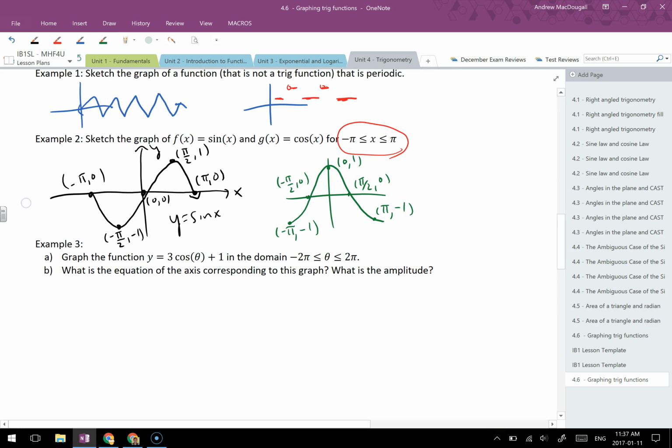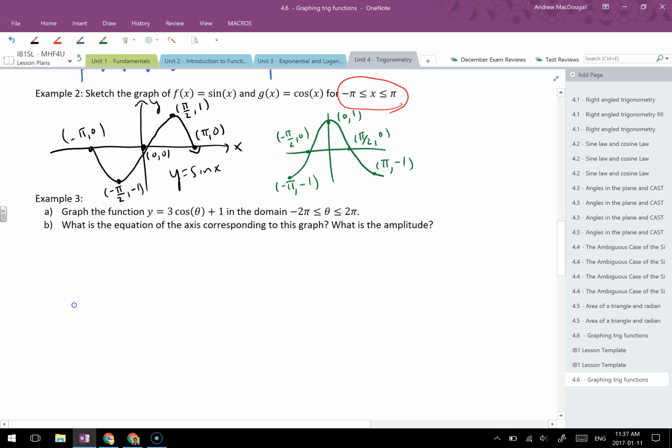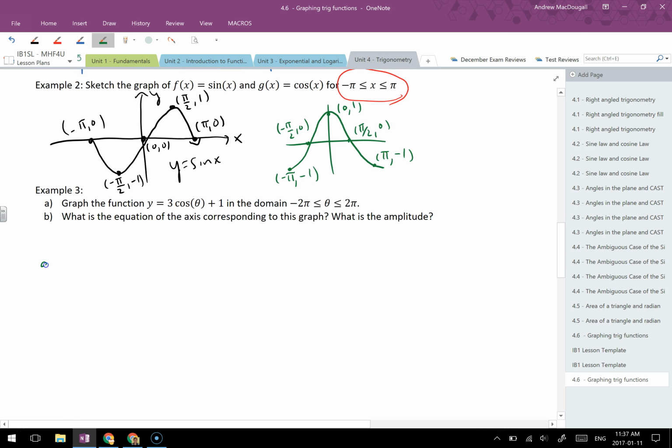Now, these we can think of as parent functions, and we can apply all the transformations we've already learned to these. So for instance, if we have y equals 3 cosine theta plus 1, well, this 3 is a vertical stretch, 3, and 1 is the vertical translation.